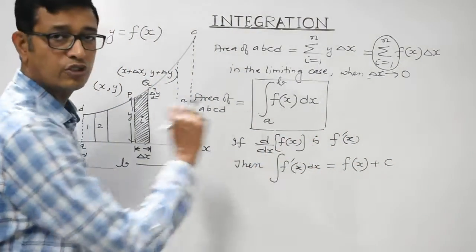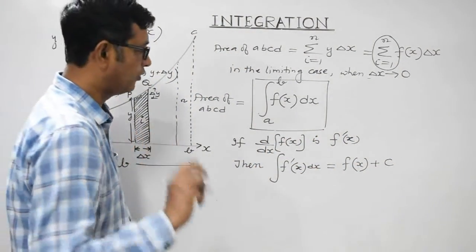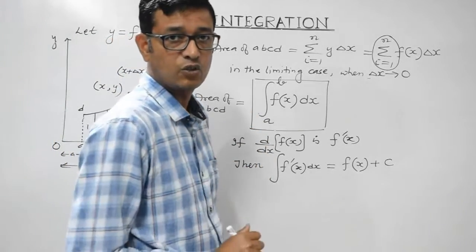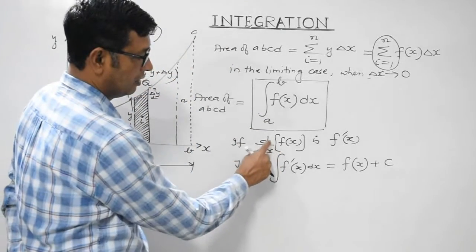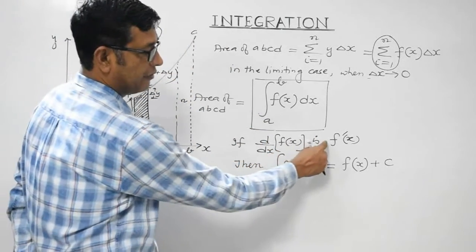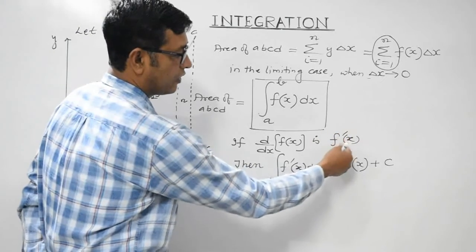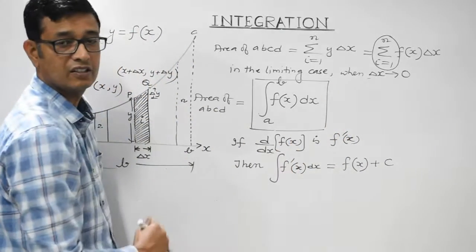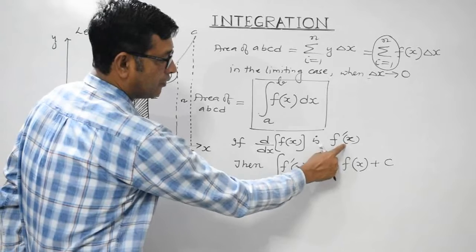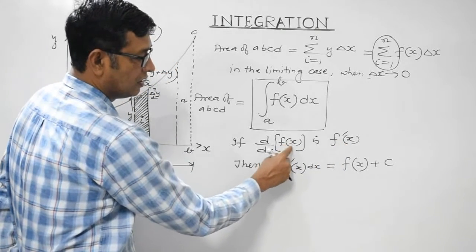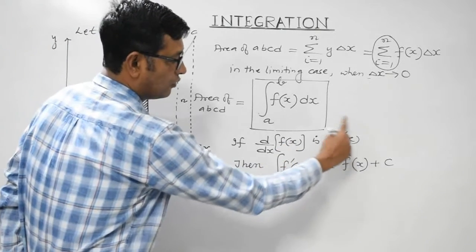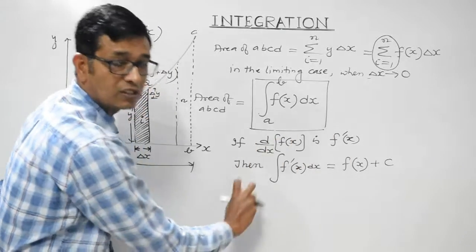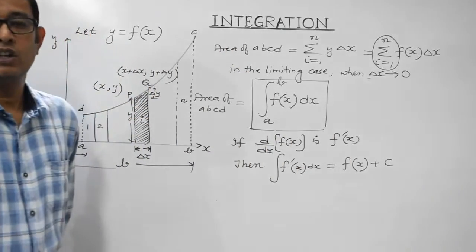That also I am going to justify, right? Before that, let me again try to convince you. The differentiation of f(x) is f'(x), then the integration of f'(x) would be f(x). So if the derivative of a function is known to us, then that function can be found from its derivative, and that process is known as integration.